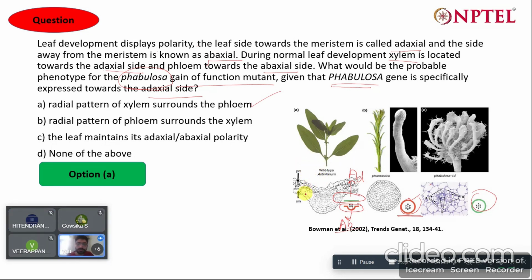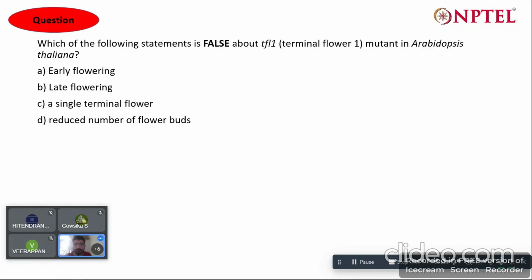Okay, any more doubts? If not, then we'll move to the next question. Which of the following statements is false about the TFL1 terminal flower 1 mutant in Arabidopsis thaliana? Will it be early flowering, late flowering, a single terminal flower, or a reduced number of flower buds?